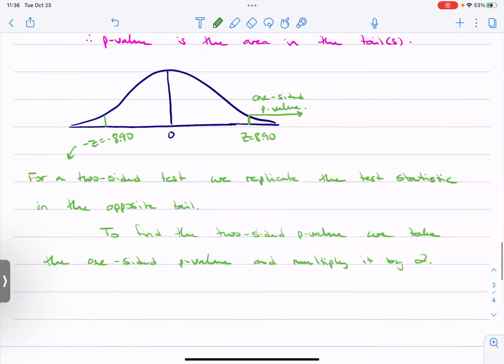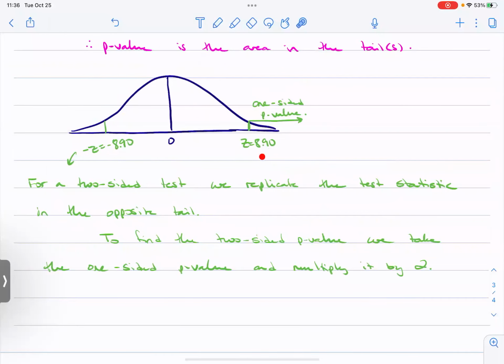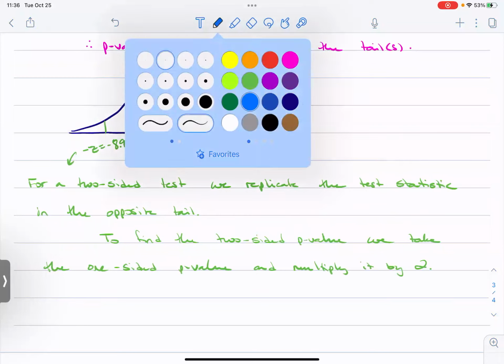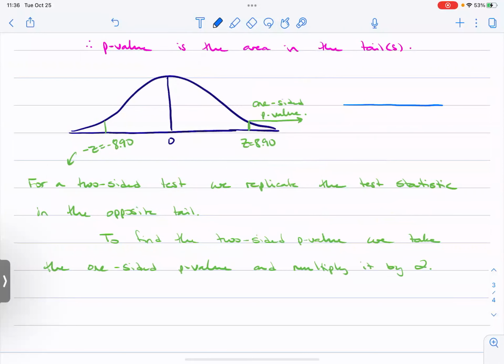Now, I've drawn 8.9 kind of close and visible so that we can talk about it. But really, what's going on here? What does this curve look like? 8.9 would be somewhere out here, way, way out in the tail, but we don't need to be that specific.